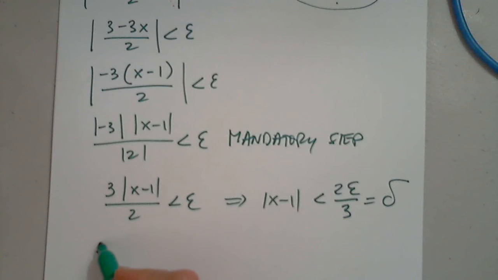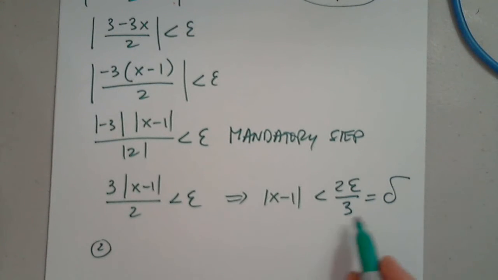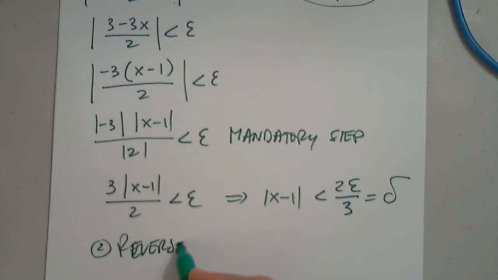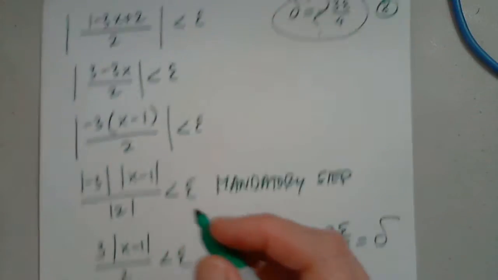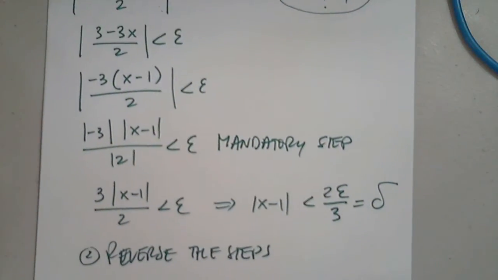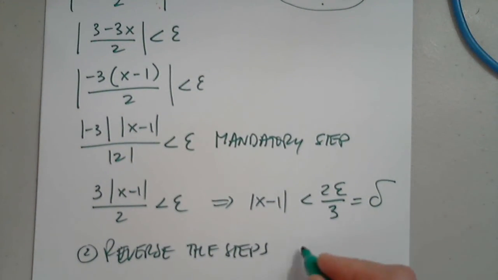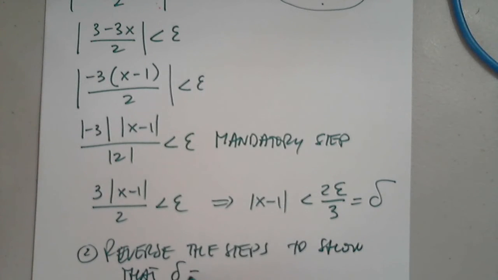And in step 2, all I want you to write is reverse the steps. Reverse the steps from part A for part 1, showing that delta equals 2 epsilon over 3 works.